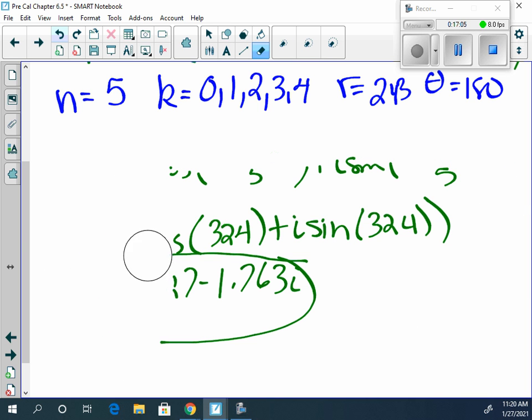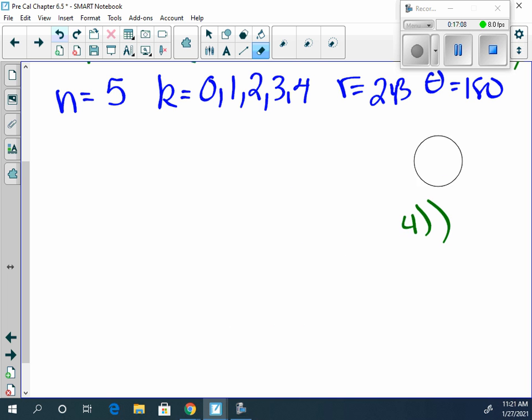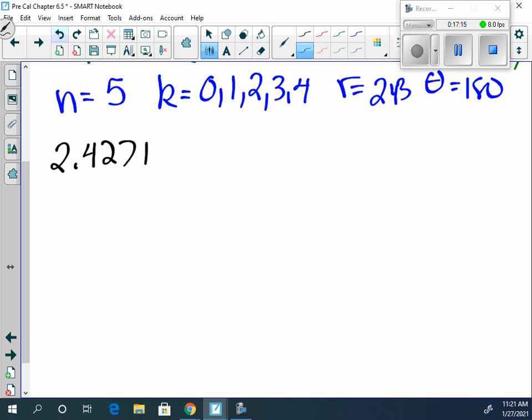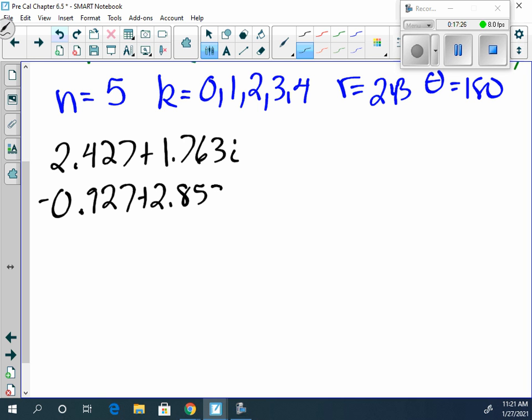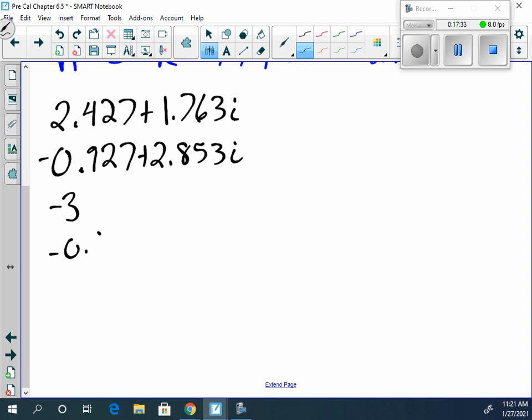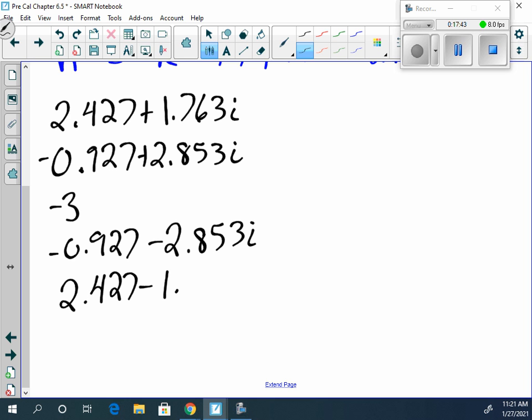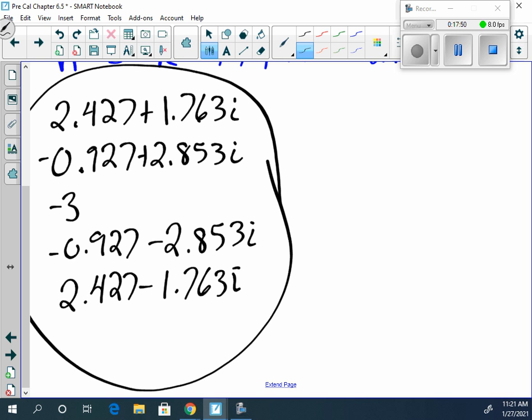And all 5 of our roots are going to be 2.427 plus 1.763i, negative 0.927 plus 2.853i, negative 3, negative 0.927 minus 2.853i, and last but not least, 2.427 minus 1.763i. And that is all of our solutions.